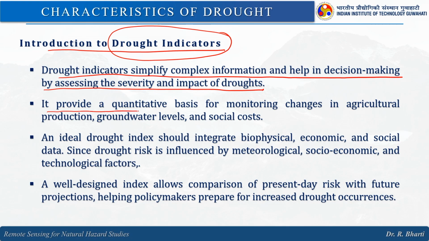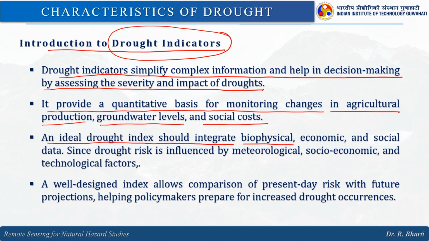It provides a quantitative basis for monitoring changes in agriculture production, groundwater level and social cost. An ideal drought index should integrate biophysical, economic and social data, since drought risk is influenced by meteorological, socio-economic and technological factors.